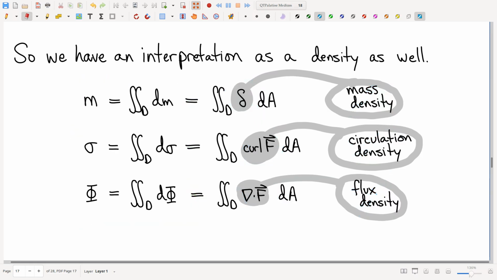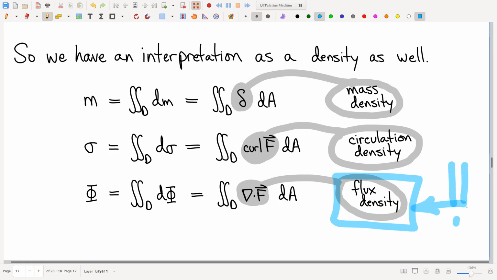Real quick cultural point. This term right here, flux density, is very common. That's not just me and my own pet point of view. Right? Flux density is super duper common. In fact, when I was in college, taking a bunch of physics classes, you're in engineering, I understand, but very similar, I heard this term flux density more than I heard the term divergence.